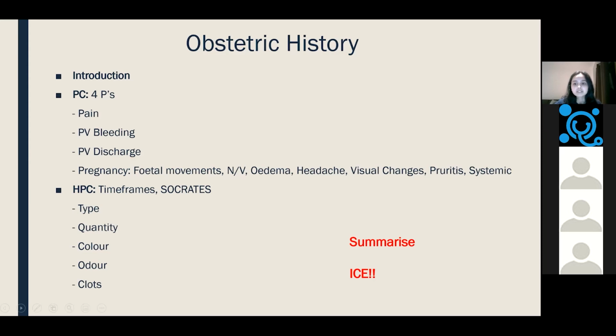And then just systemic ones. You always ask for systemic symptoms, like abnormal weight loss, change in appetite, fevers, rigors, things like that.